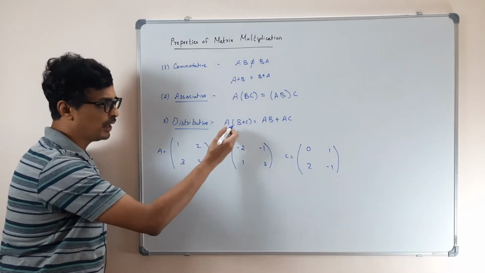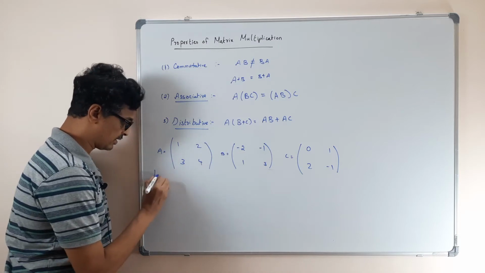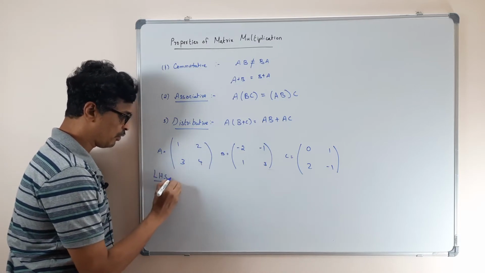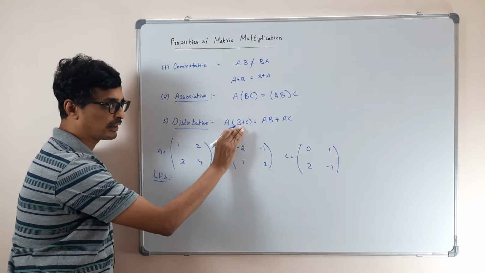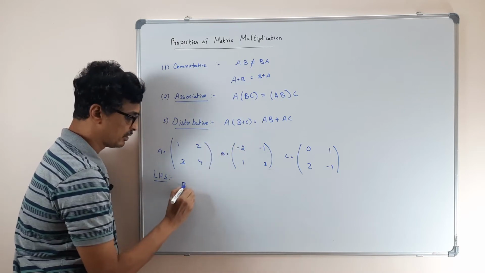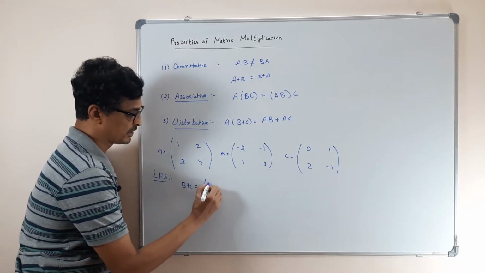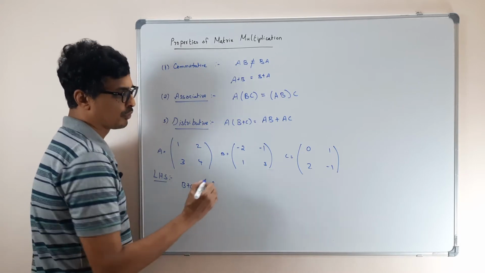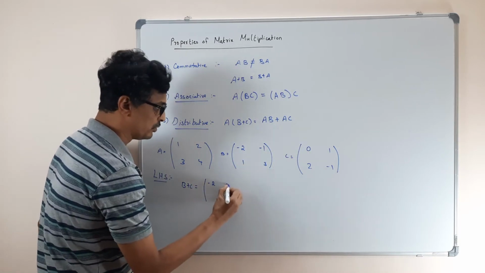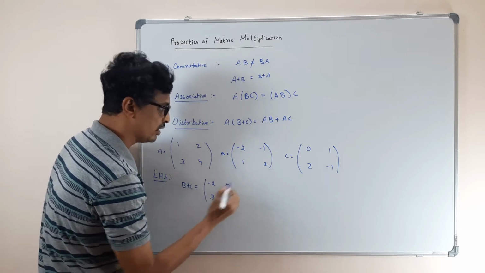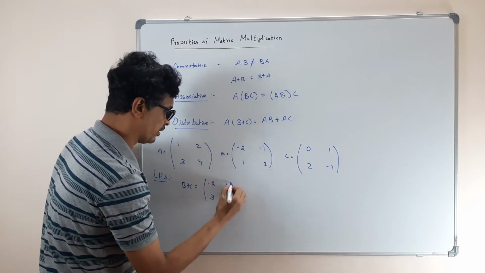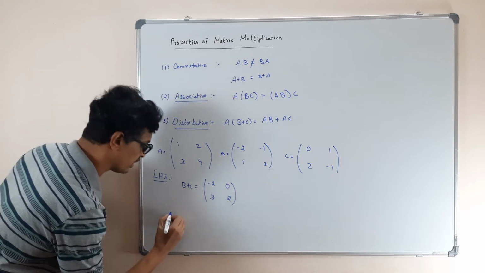So first let us prove the LHS. First we will do the bracket, correct? B plus C? B plus C is minus 2, 0, 3 and 2. Fine.